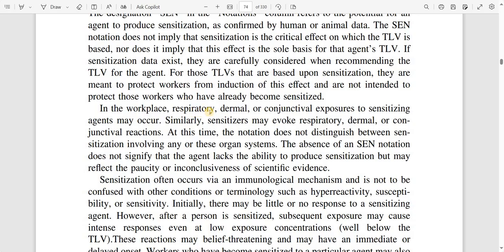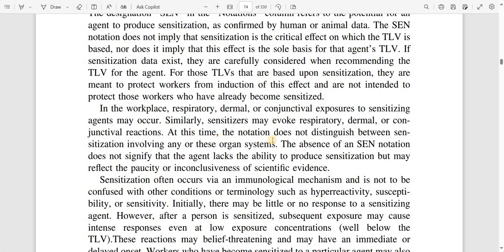In the workplace, respiratory, dermal and conjunctival exposure to a sensitizing agent may occur. Similarly, a sensitizer may evoke respiratory, dermal or conjunctival reaction.